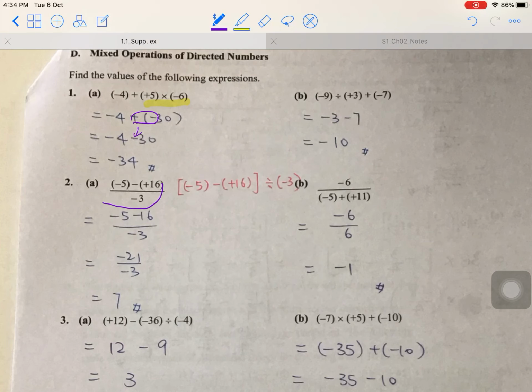If you want to express the fraction in division form, you need to write it in this way. You need to add the bracket for the numerator, because if the numerator has more than one number, you need to treat the numerator as a whole.